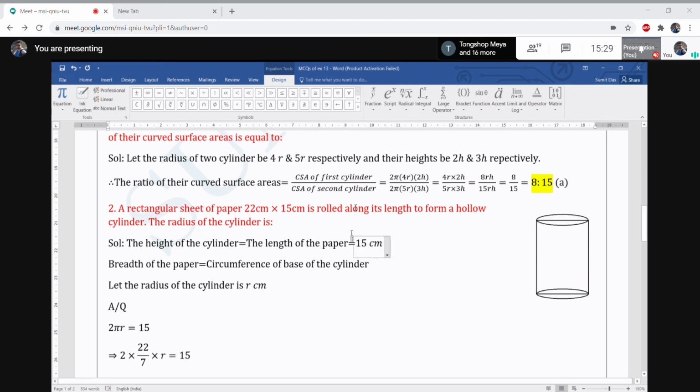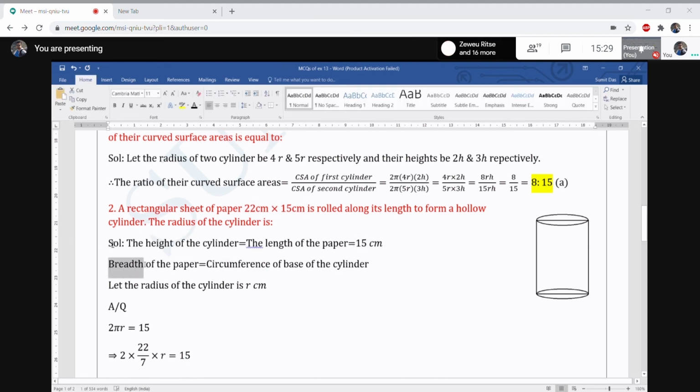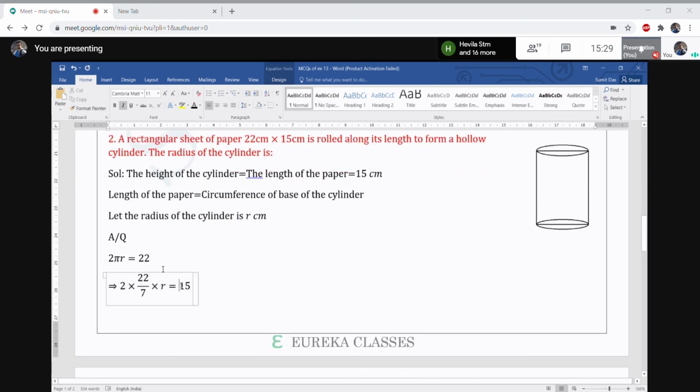If we roll along its length, then the height will be equal to the breadth, and the length of the paper will be equal to the circumference of the base. I missed this line, that we rolled the length to make the cylinder. So the circumference of the base will be this.